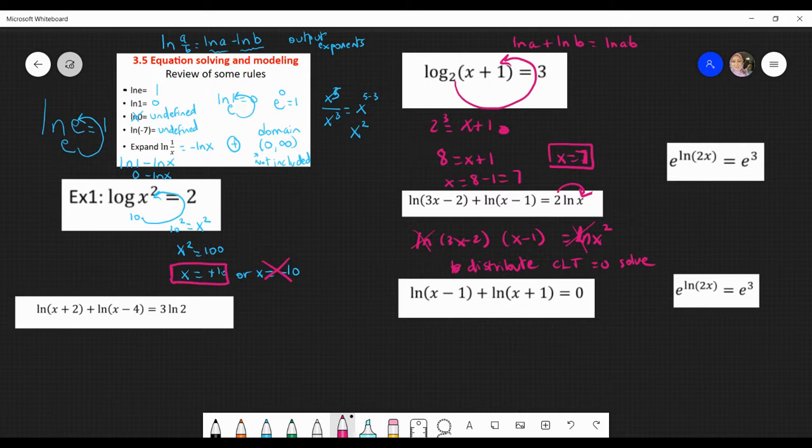Make sure at the very end you go back and check the solution so you don't have a negative input. Similarly, right here, ln plus ln equals ln of the multiplication of these. The number next to it could be kicked in as a power. And so once we get to this step, we can get rid of these, and this turns into a quadratic.